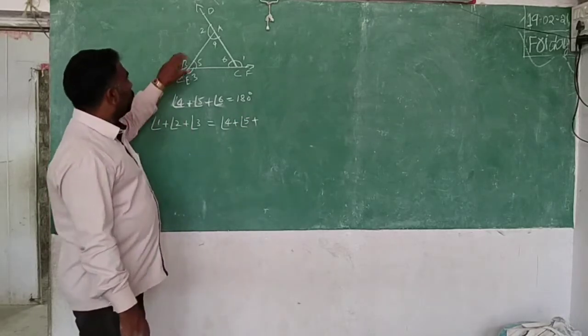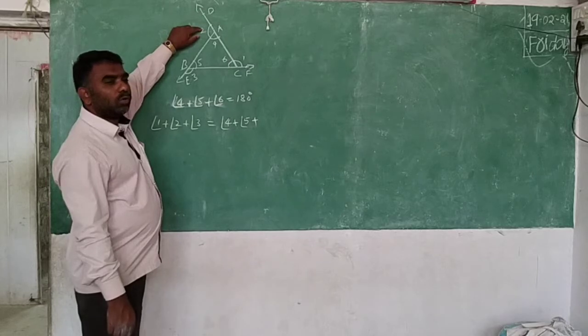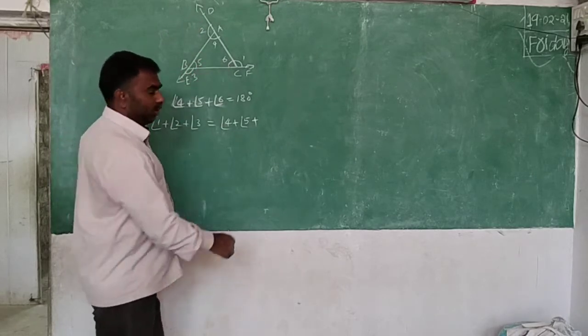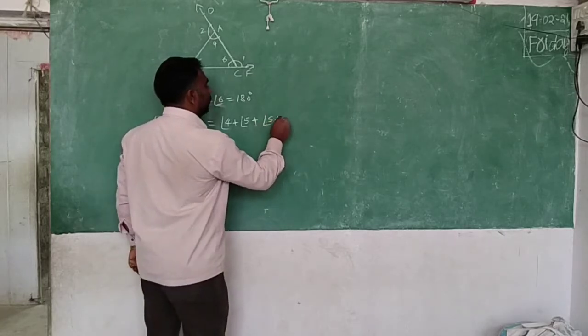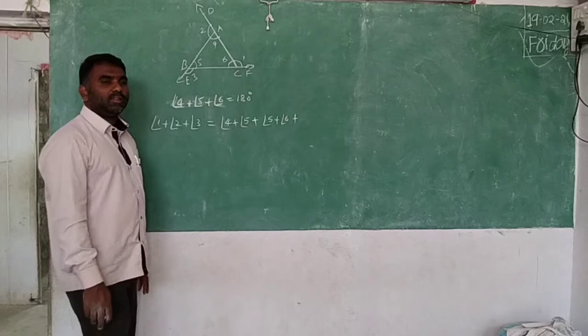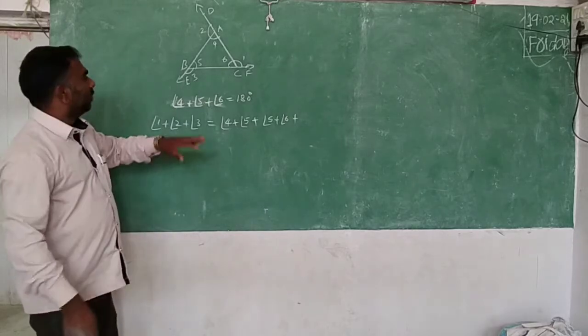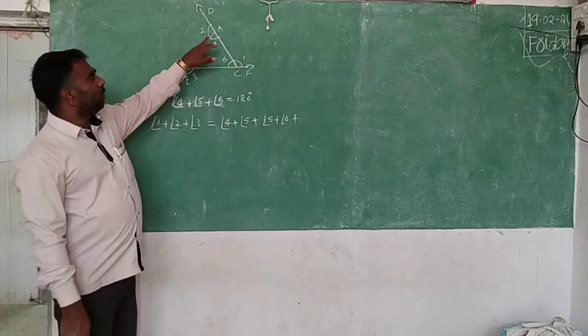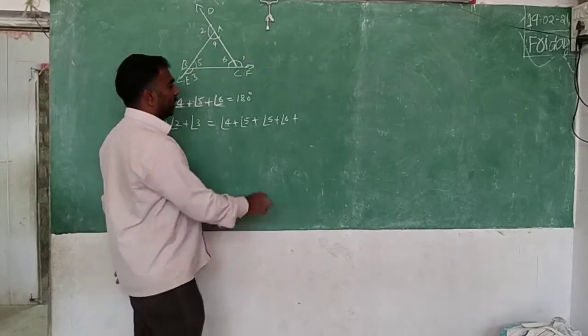What about 2? How do you get 2? By adding the 5th angle and 6th angle, angle 5 plus angle 6. Don't write 5, 6 only, then you will get confused. Then how do you get angle 3? By adding the 4th angle and 6th angle.